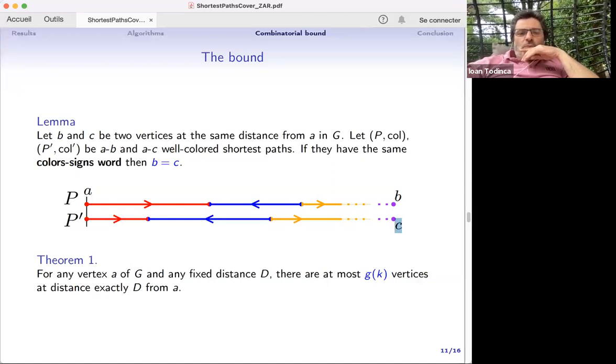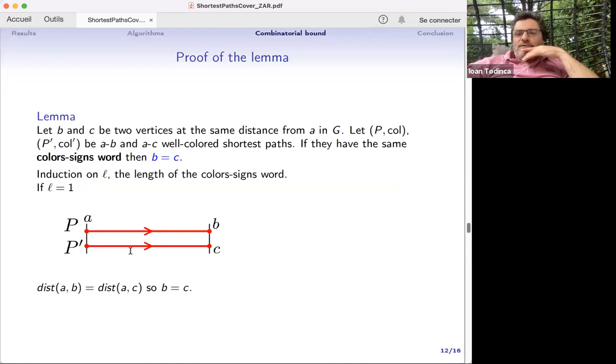Why is this true? Let's do an induction. If the path is made of only one color, it starts from A and goes in one of the directions, plus or minus, say red. Of course, it ends in the same vertex. So it's true if the color sign word has length exactly one.